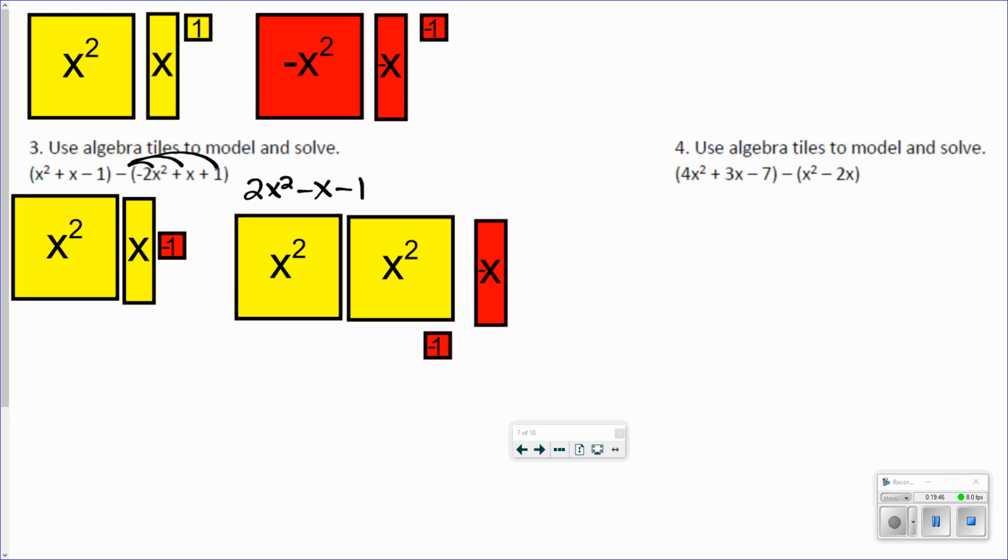Bringing all of those now together, what have we now modeled? How many x squared are there? 3x squared. We have a 0 pair for x's, so x's have canceled. And then minus 2.